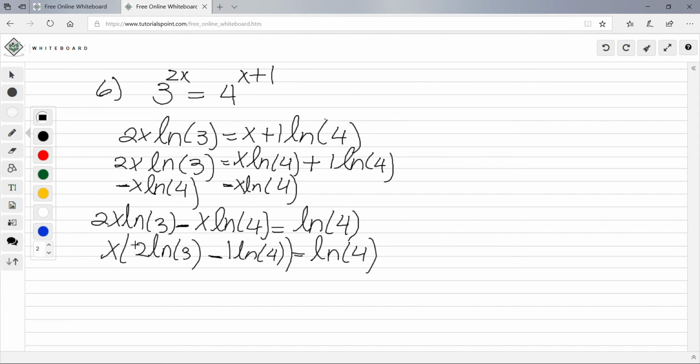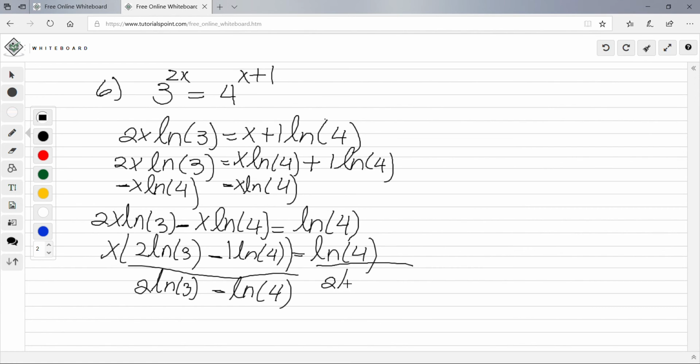Okay, so our goal is to solve for x. I want to get rid of this whole thing because I want x by itself, so I will divide everything by that whole thing, 2 ln of 3 minus ln of 4. I don't have to put the 1 because there's an invisible 1 already, and you have to do it on both sides.